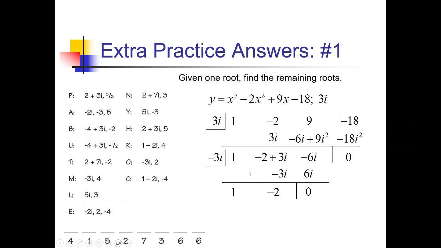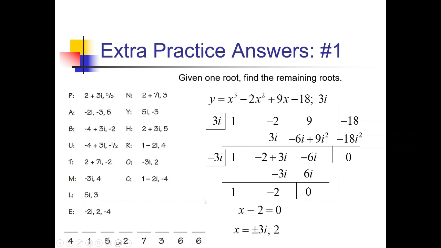So then we end up with, we divided twice here, so instead of x cubed, now we're down to x to the first power, so this is 1x to the first minus 2. And I can set all of that equal to 0 now and just very quickly solve that. So at the end of this one, I have plus or minus 3i, and I also have x equals +2 from this branch right here.